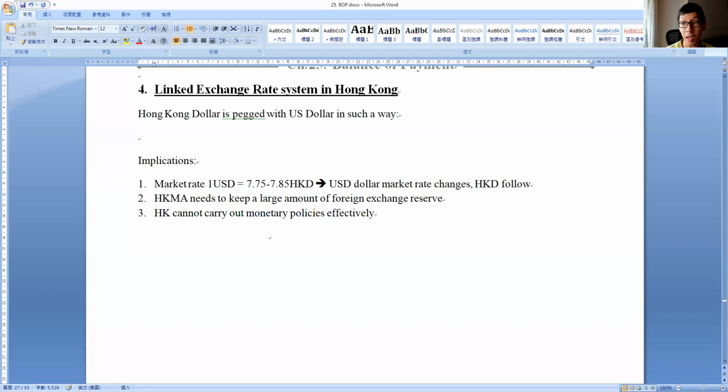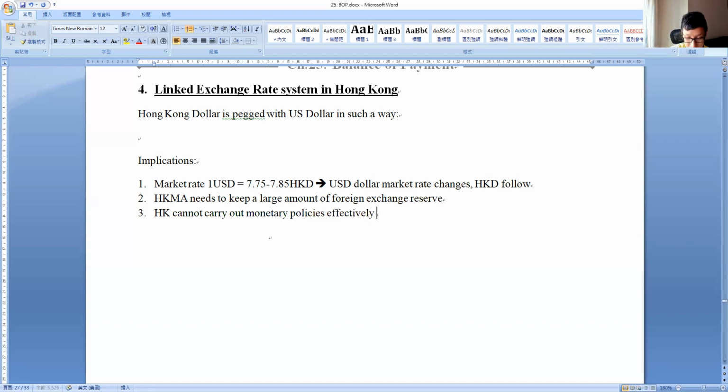For example, if you print too much money, what happens? Your currency goes down. Then you will need to push it up again by taking away the supply. So any monetary policy would effectively be cancelled out because of the linked exchange rate system.